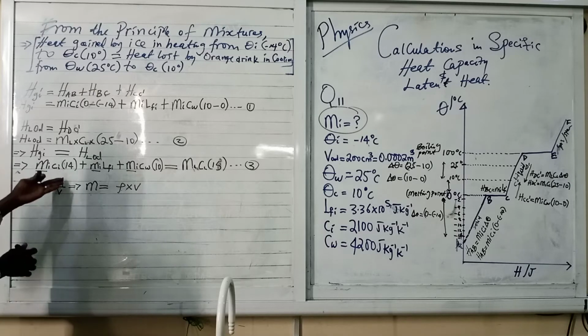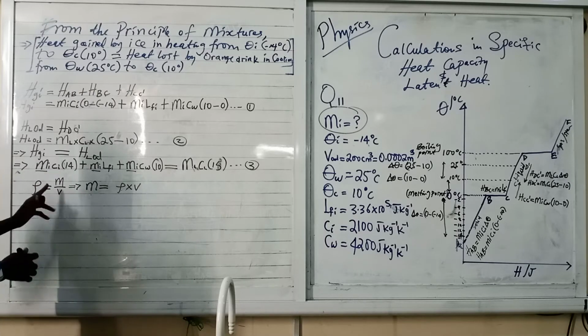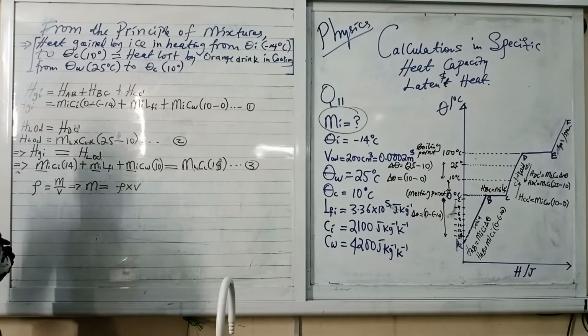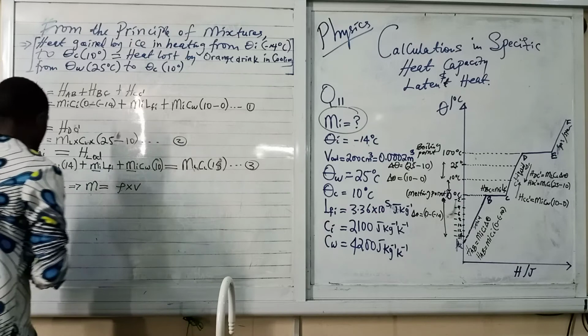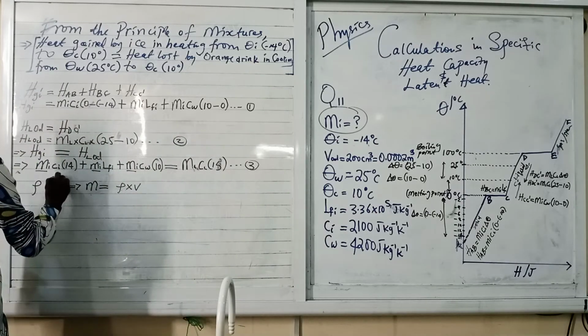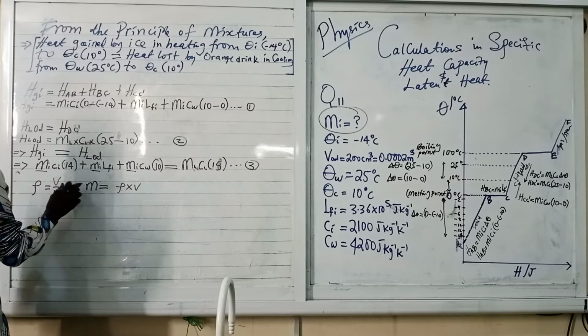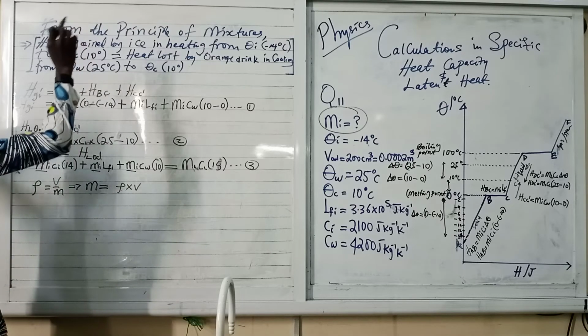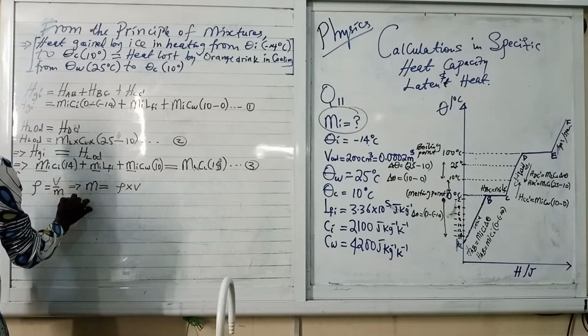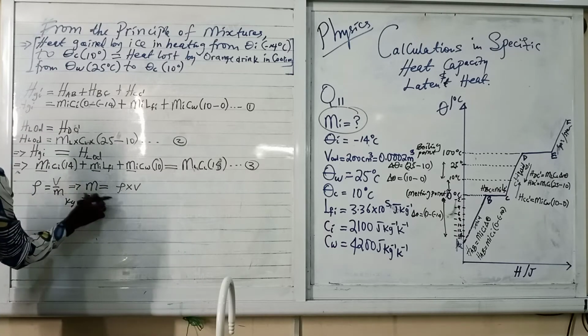Density is defined as mass divided by volume, in the units of kilogram per meter cube.